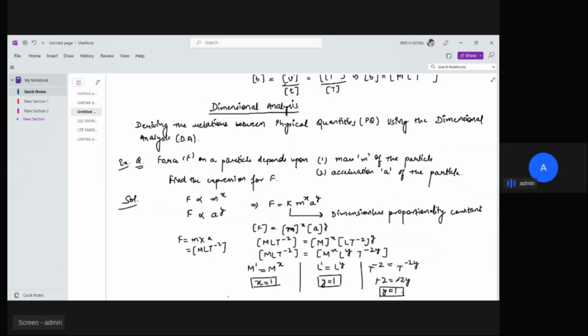So we have x equal to 1 and y equal to 1. Substituting in the formula, F is equal to k m^1 a^1. This proportionality constant is 1, so F will be equal to ma. This is the formula of force. So in this way we use dimensional analysis.